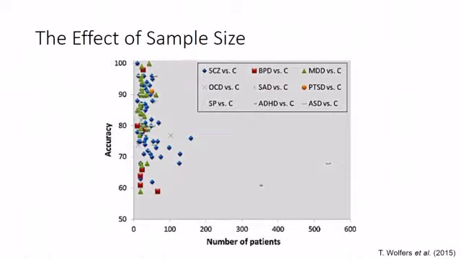So looking at diagnosing schizophrenia, bipolar disease, depression, and other disorders that you can see labeled by the different markers here versus healthy controls. So you can see here at the bottom, we have the number of patients going along the bottom here and the accuracy of different models going up here. So if you look at this, there are actually models that people have published in the literature with extremely high accuracy, so pushing 90% up to almost 100%.